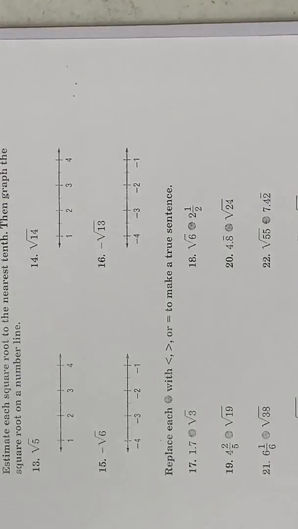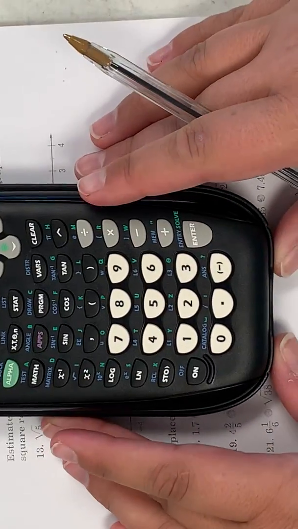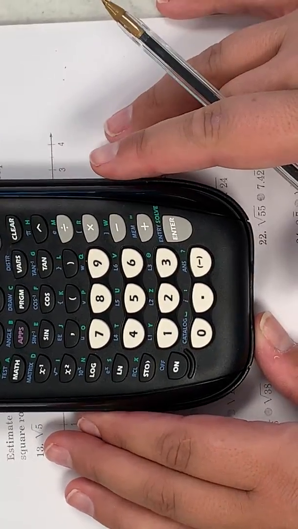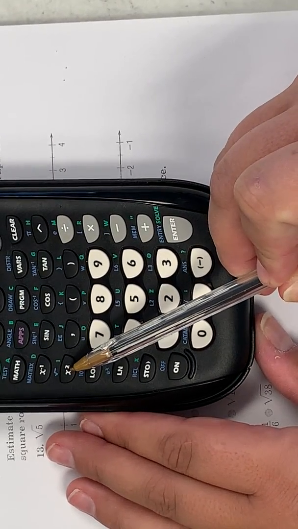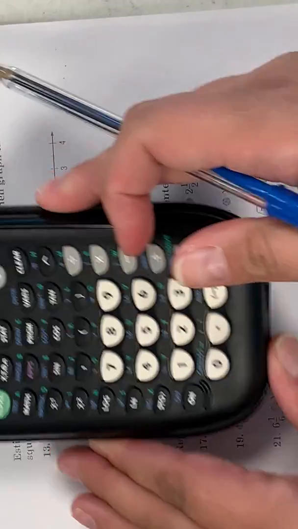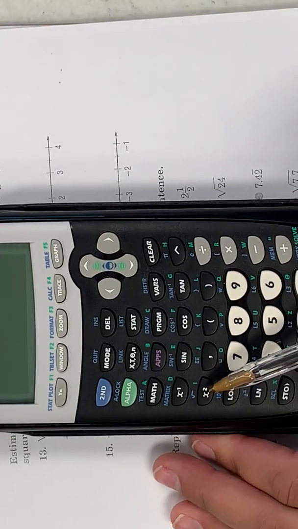So let's model on our calculator what we do to get the square root, because you're going to be in algebra and not 8th grade. You turn the calculator on and find the square root button, which is the x squared right here. Notice that it is in blue.